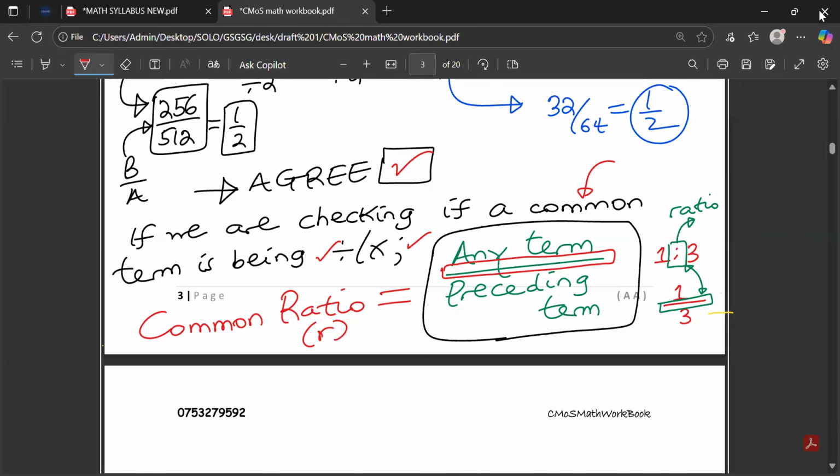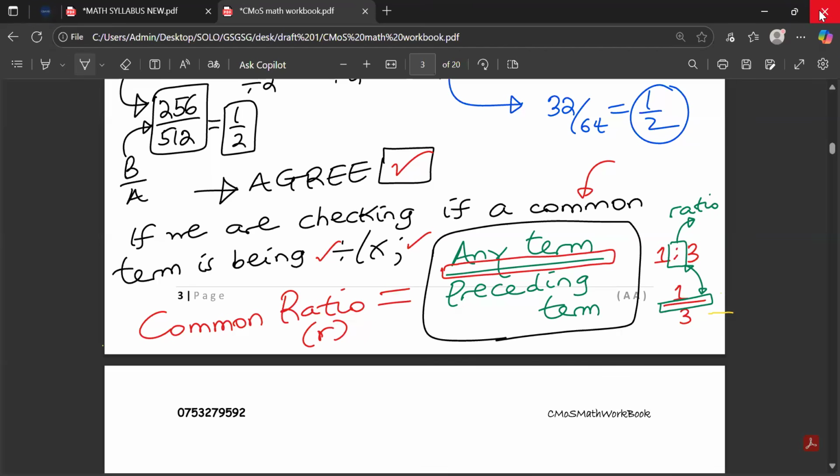So when you see D, it is common difference, and you know why. When you see R, it is common ratio. Common difference doesn't matter whether you're adding or subtracting in a series. Common ratio doesn't mind whether you're multiplying or dividing in your series.